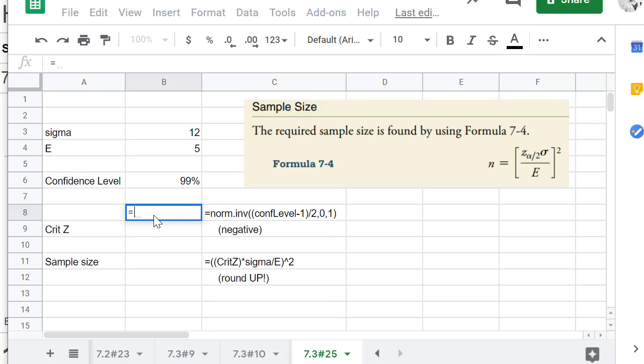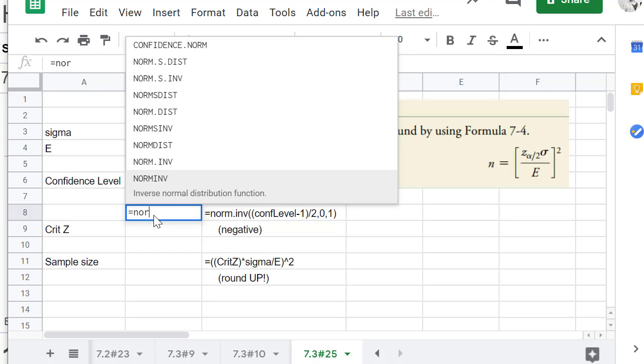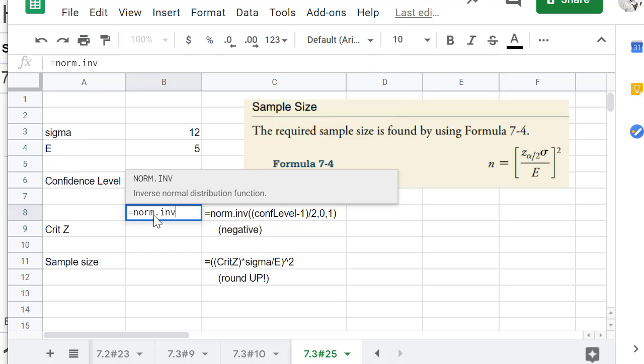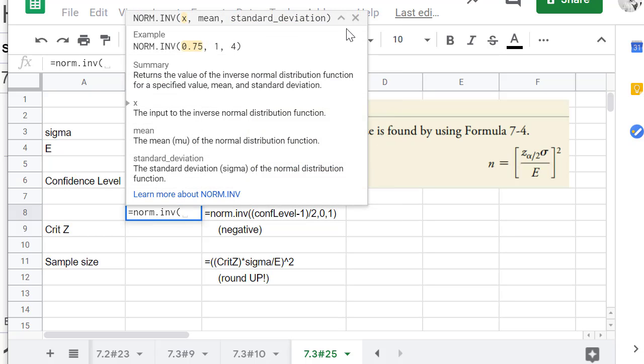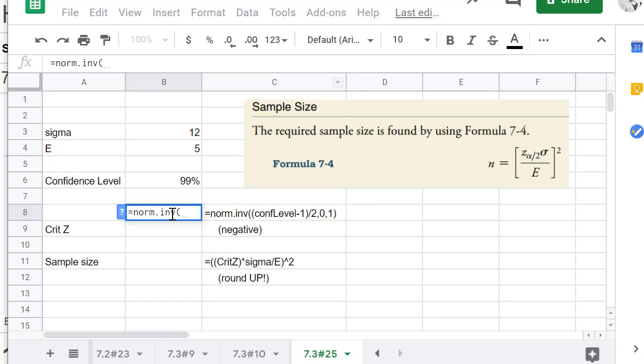Let's first type in our information. That's norm.inv, and then our confidence level. I'm going to put an extra parentheses here, and I will say it should be 1 minus the confidence level. I think I have my formula backwards there. Let's fix that. And then we want to divide this by 2.